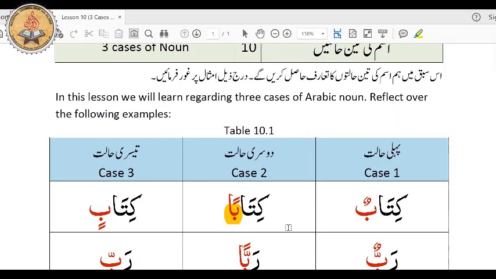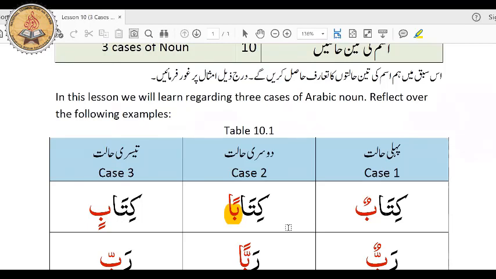But alif is written, and alif will be included in the pronunciation when we make a stop here. This is basically a recitational rule, not a grammatical rule. For example, if this word comes in the Quran, in continuous recitation I would say kitaban, but if I stop here, it will be kitaba.